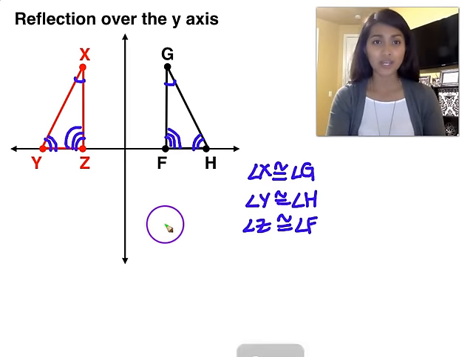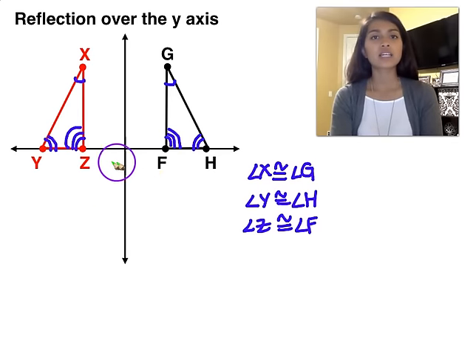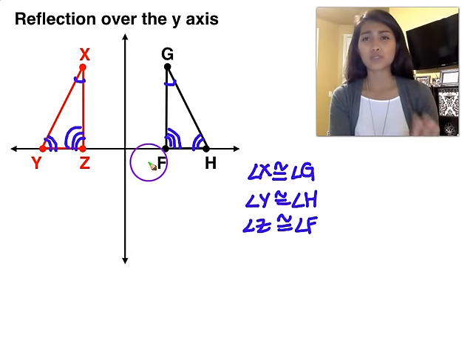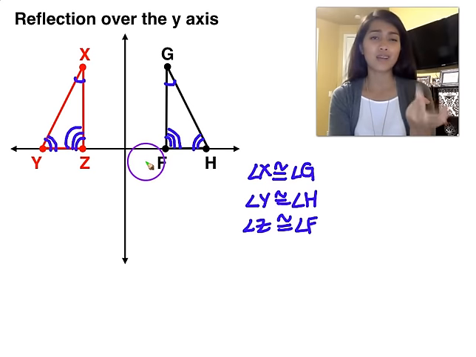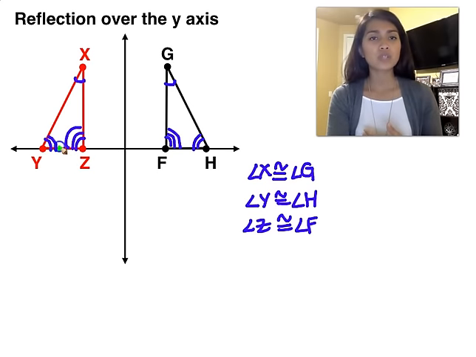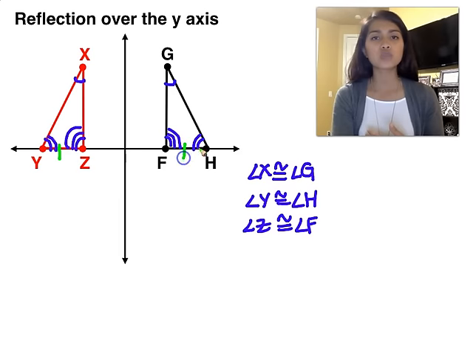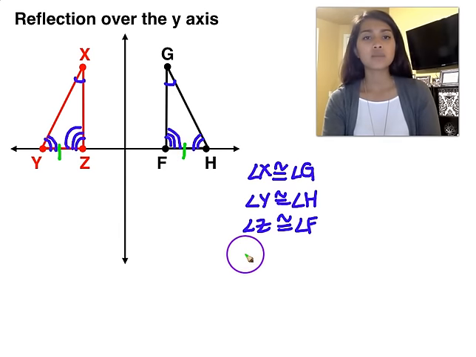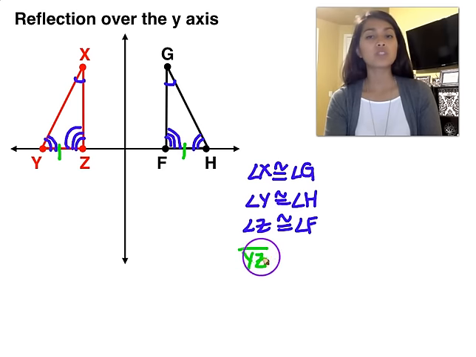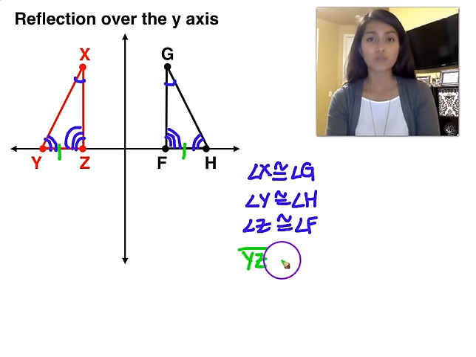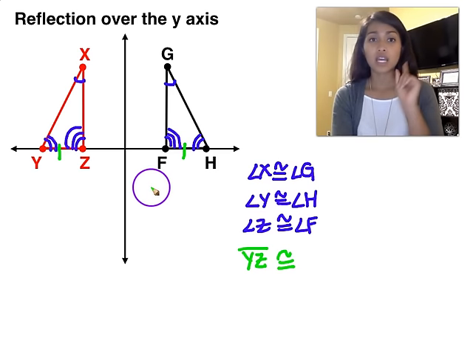So what can I do now? Well, let's take a look. To me, it looks like they're right triangles, so I'm just going to refer to them as legs and the hypotenuse. I'm going to say the short leg is congruent to the short leg. So I'm going to say segment YZ, and the way we denote a segment is putting a bar right above it, is congruent to, now here's where it's very important.